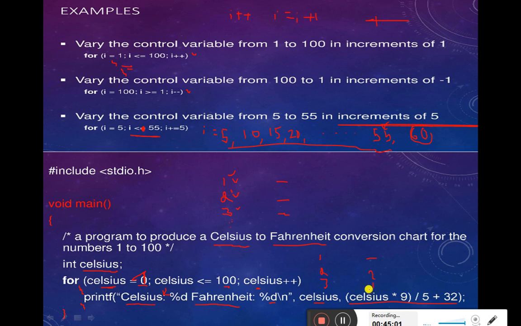So everything will be printed. So this program starts here and ends here. It's a small program to convert temperatures in the range of 1 to 100 and print their equivalent temperature in Fahrenheit.